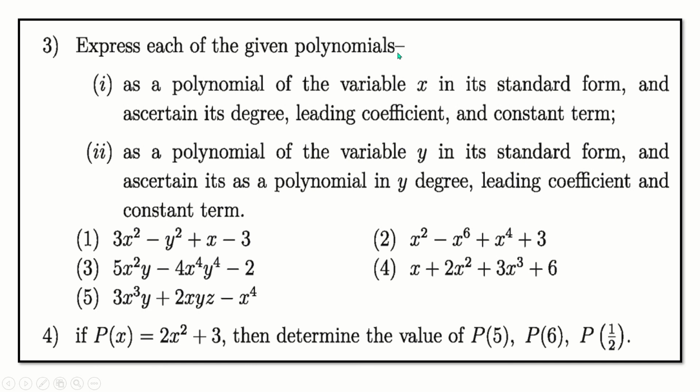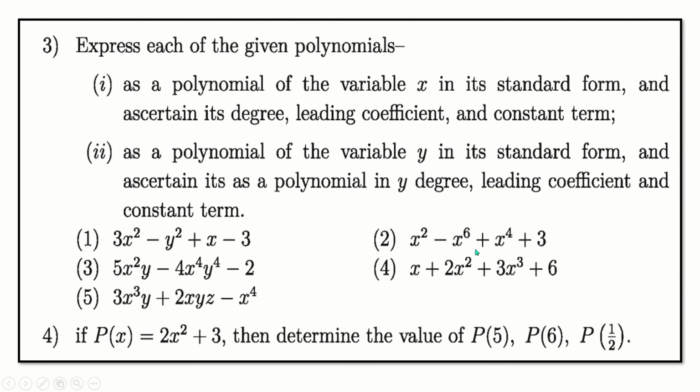Express the given polynomials as a polynomial of variable x in its standard form. Standard form means when we arrange a polynomial in descending order. That means at first will be the highest power, then one less, or 2 less, or 3 less, and the last part will be the constant.